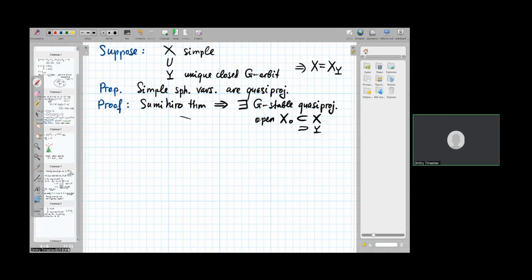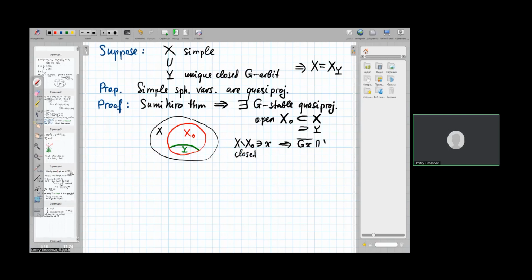So let me draw it in a picture. You have your X, you have your closed orbit Y, and you have a quasi-projective open neighborhood X naught containing Y. But if you take any point in the complement, which is a G-stable closed subset of X, then we immediately get that the closure of the orbit of this point is still contained in this complement because it is closed.